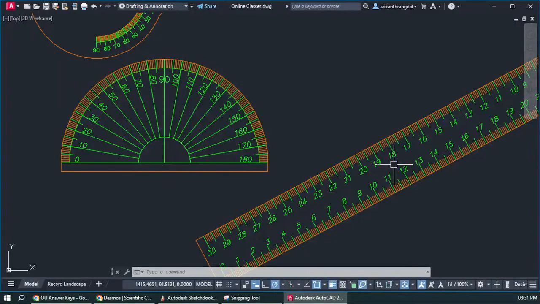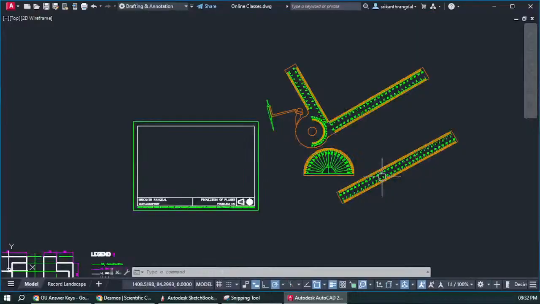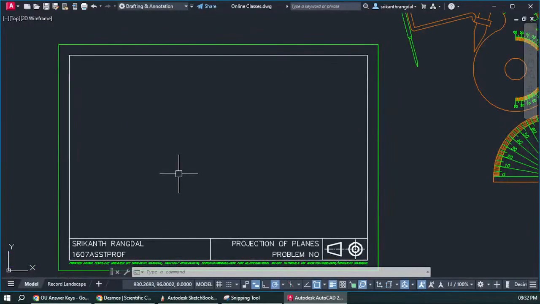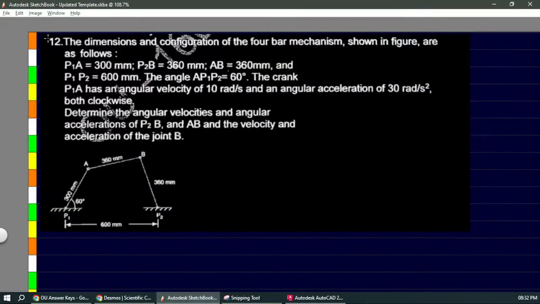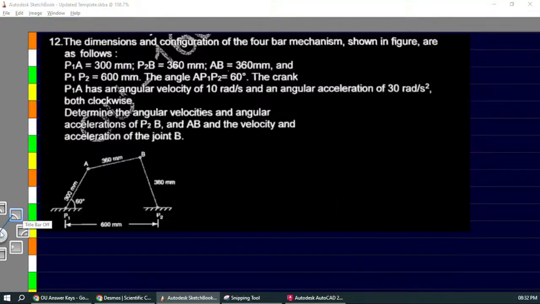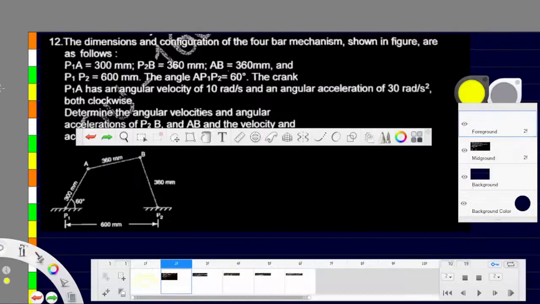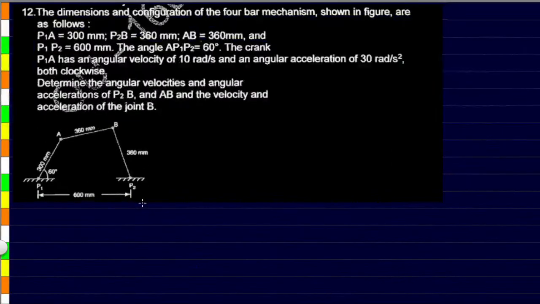So without making much delay, let us begin. So let's come back to our problem statement, which is over here. So we'll have to do a lot of writing, which I will be doing over here in this interface. And once the writing is done, wherever we need the diagrams, I will be switching to AutoCAD to solve the diagram based problem.